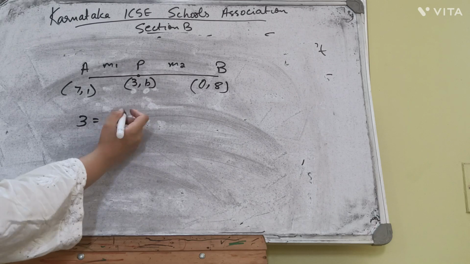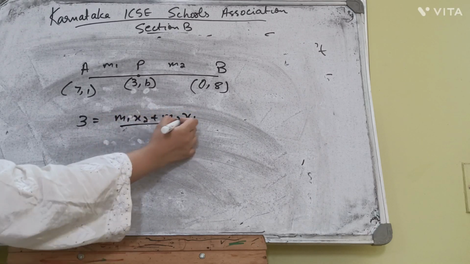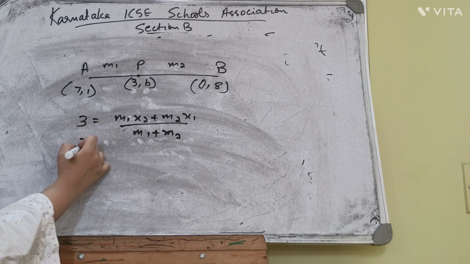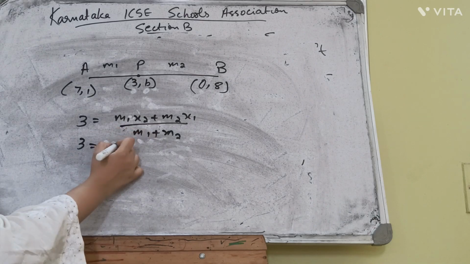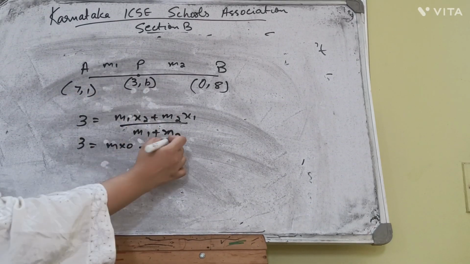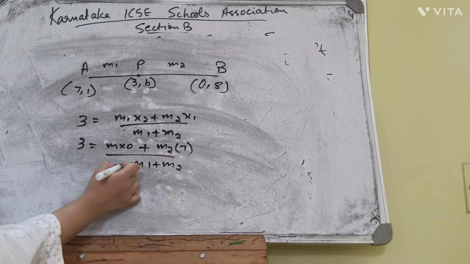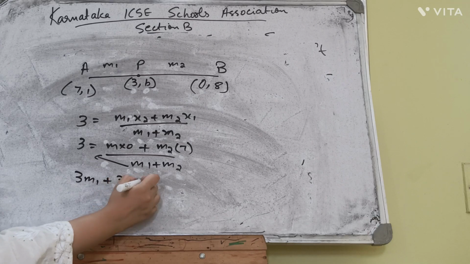Alright, so for P we have the x coordinate, so we'll use only this 3 part and equate it. So m1 x2 plus m2 x1 by m1 plus m2. m1 x2 is 0, so m1 into 0 plus m2 x1 is 7, by m1 plus m2.